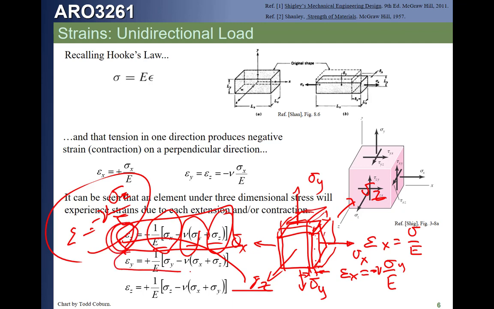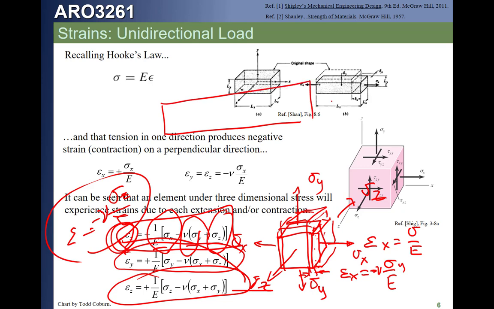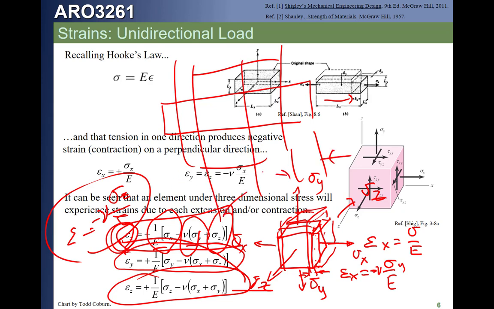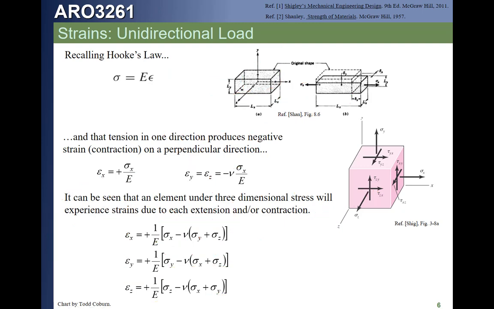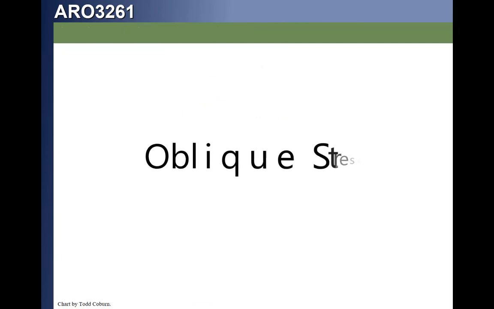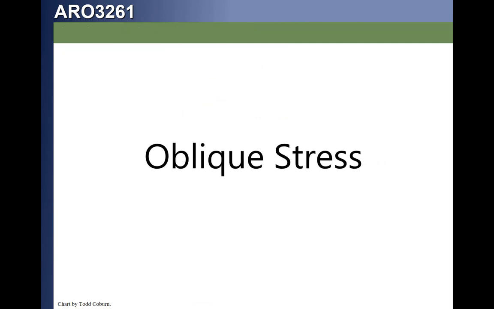And correspondingly, the y strain and the z strain are going to be a combination of how much the part lengthens due to one load and how much it narrows due to the other loads. So these are old topics, but if we don't understand these, where we head today will not make any sense. So having understood those things, we're ready to look at oblique stresses.